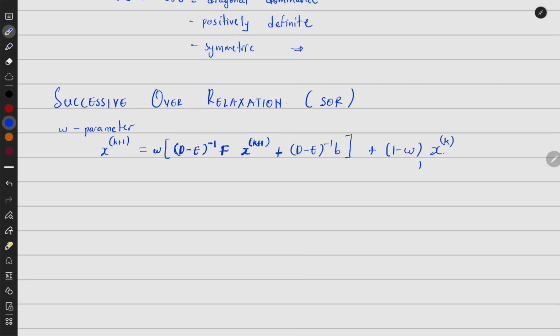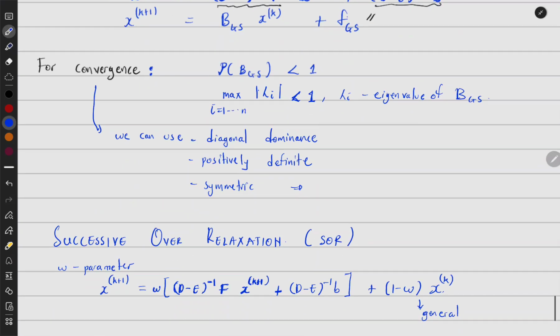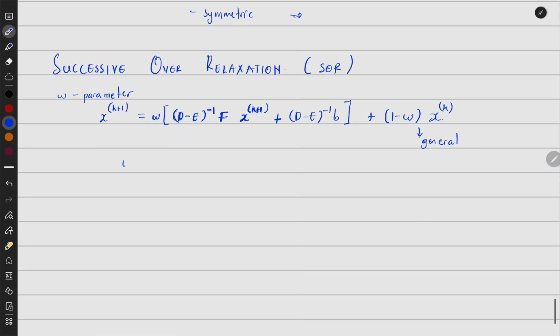The general iterative method is written in this way, and for the SOR it is written in that way, where omega can be 0 or 1.